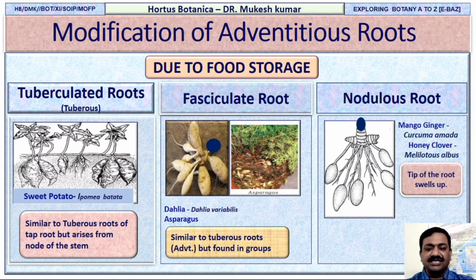As a result, it swells up. Swelling provides them a beautiful shape. Okay, so due to that very shape, we can recognize them after modification, isn't it? So let's see how it becomes after storage of food. So we will get first modification here about the tuberous root.